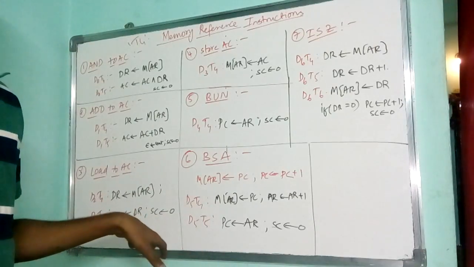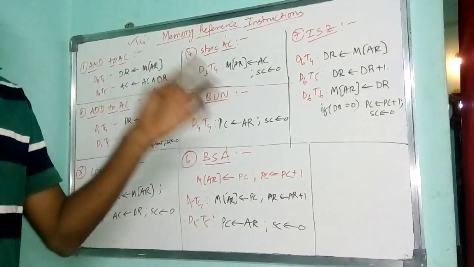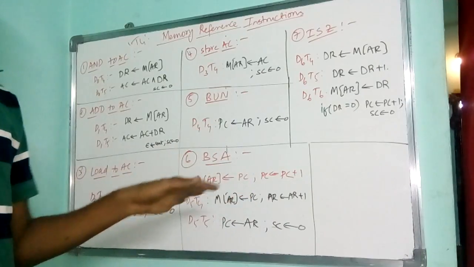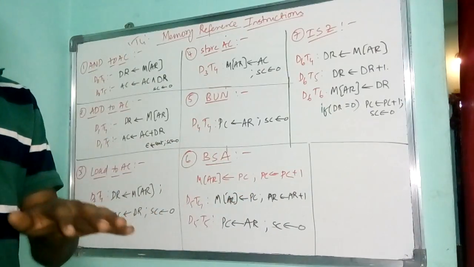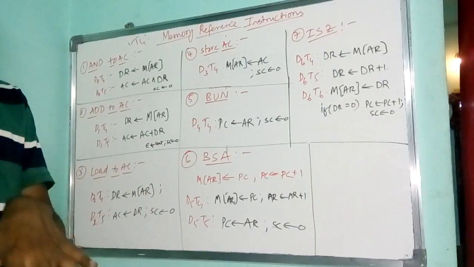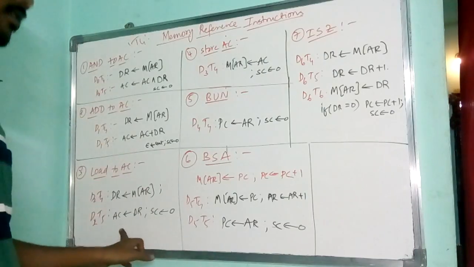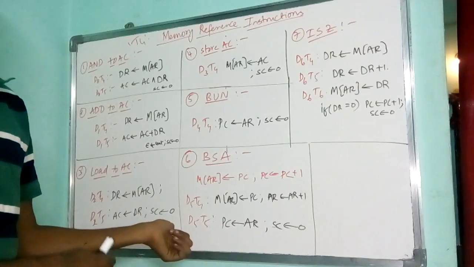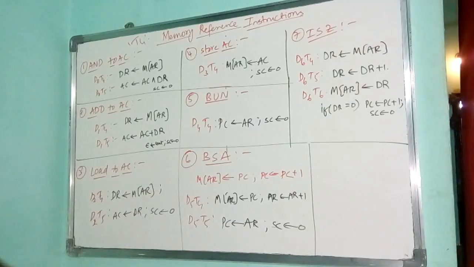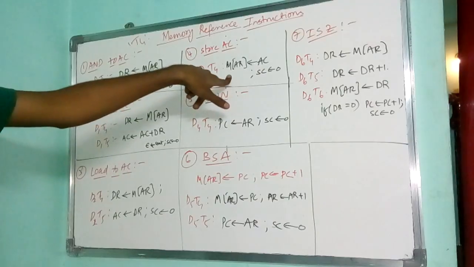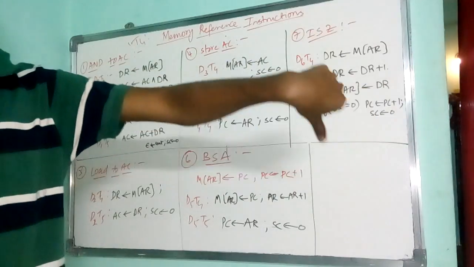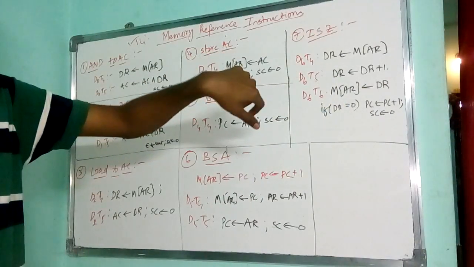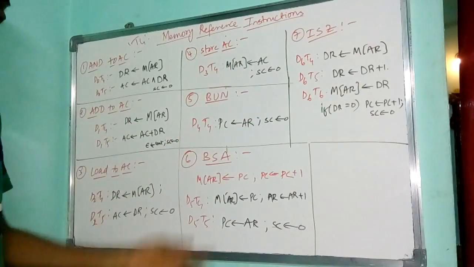Take the memory, store it in the data register, then send the same data from the data register to the accumulator, and again set the counter to 0 so that it completes the execution part.